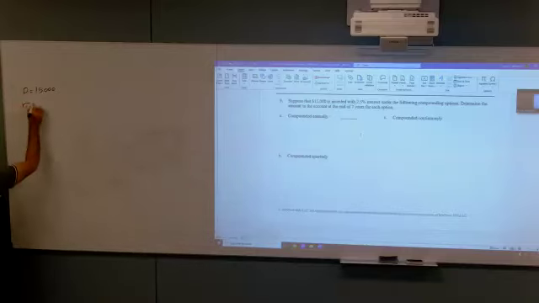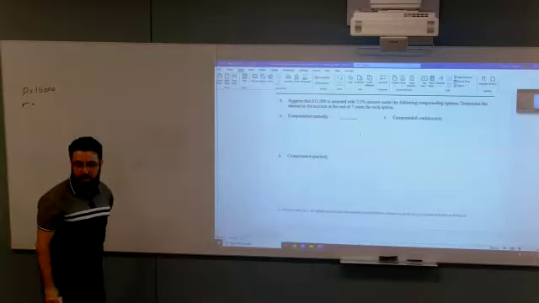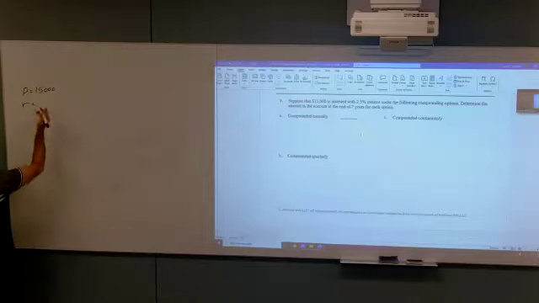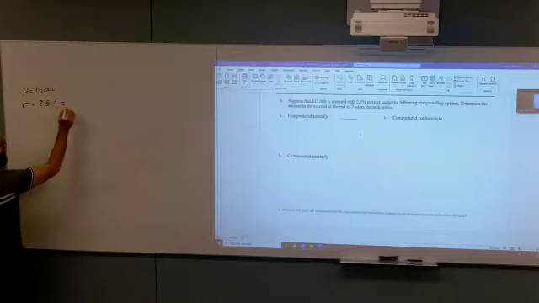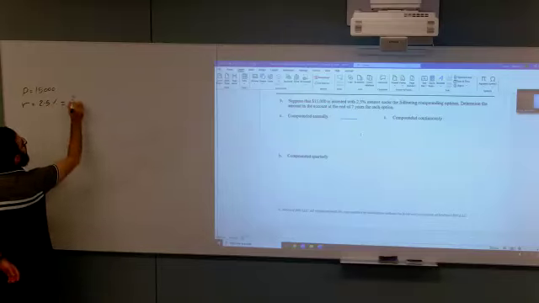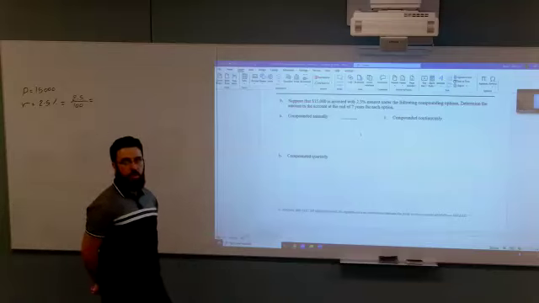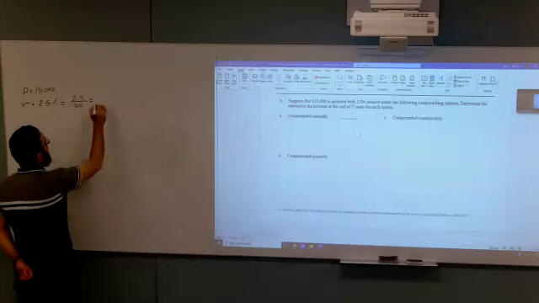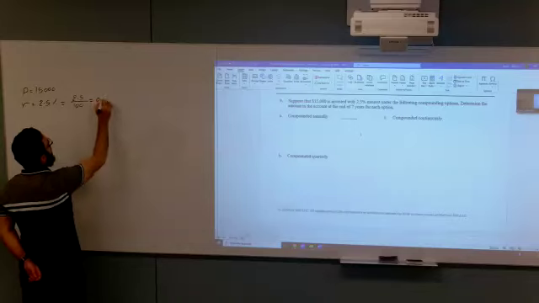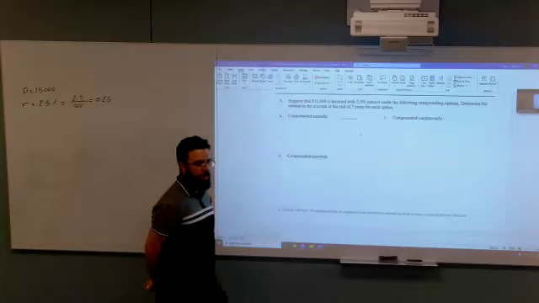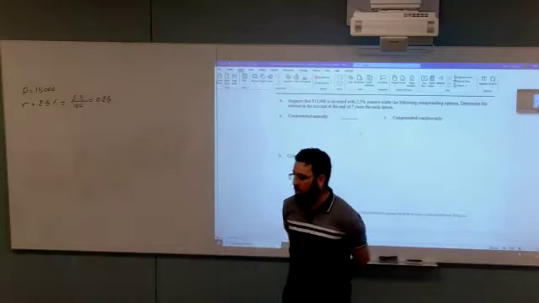This is never going to happen, there's no bank with this amount of interest, but we have to know the math. 2.5%, which is equal to 2.5 divided by 100, which is equal to 0.025.